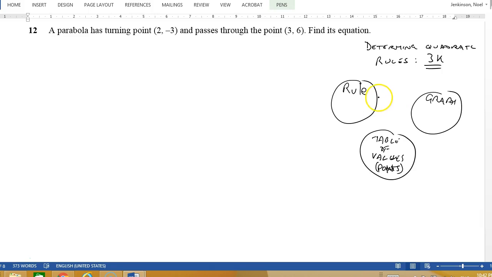In Maths Methods, Units 1 and 2 and 3 and 4, you need to be able to do all of these things. You need to be able to take a rule and turn it into a graph, take a rule and turn it into a table of values, take a table of values and turn it into a graph, take a table of values and find a rule, etc.